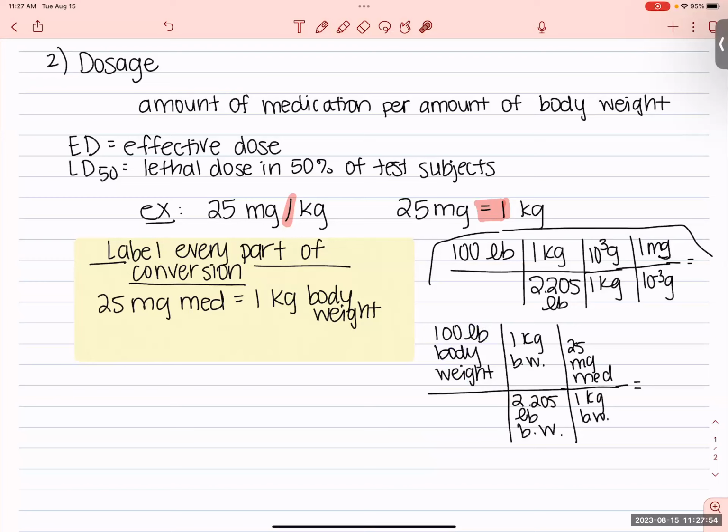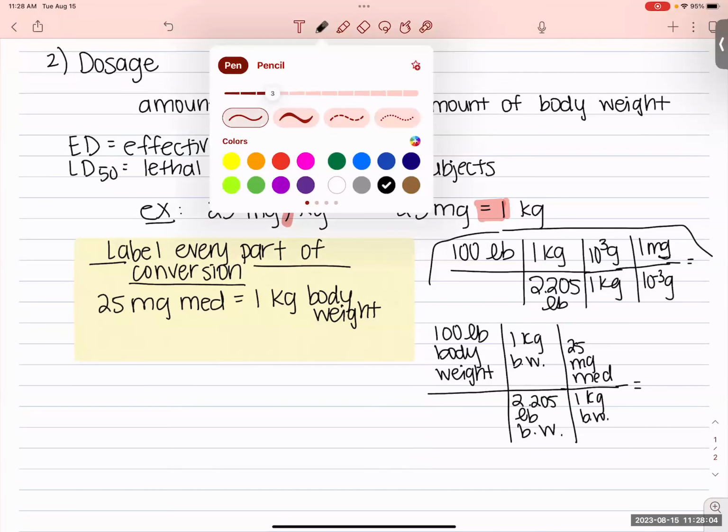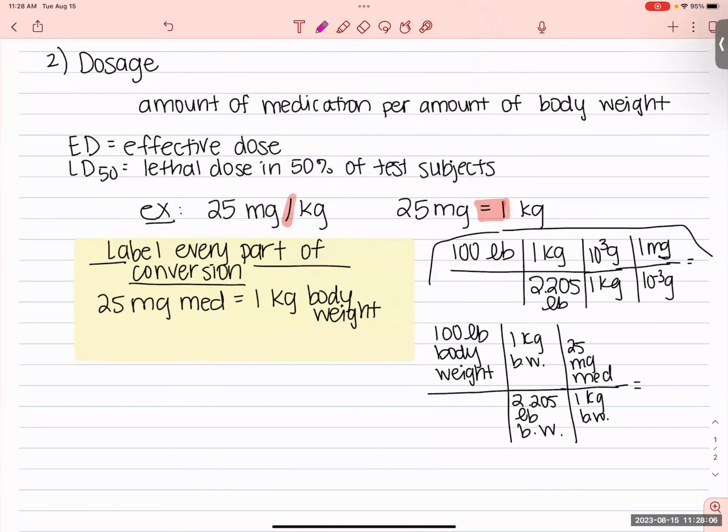Another thing to note here is that you cannot cancel kilograms of body weight with kilograms of medicine, for example. It has to be the same exact thing in order to be canceled. And so think about setting it up with the labels as well as the units.